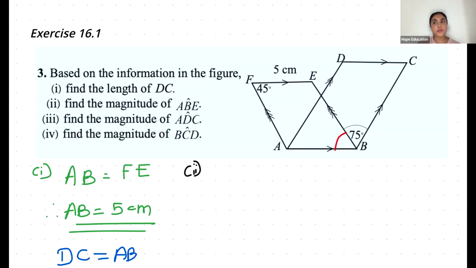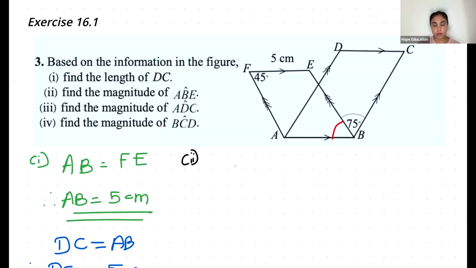Yes, it is 45, because this is a parallelogram and opposite angles are equal. So if this is 45, this is also 45. Let's write ABE equals AFE. In the future, we will write the reasons, therefore ABE is 45 degrees.